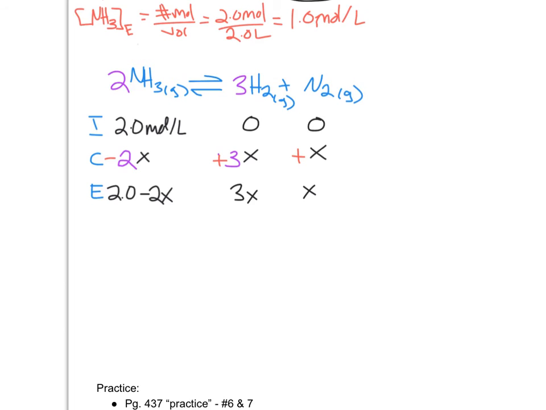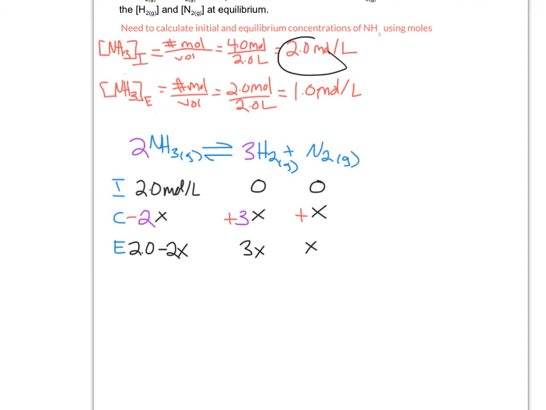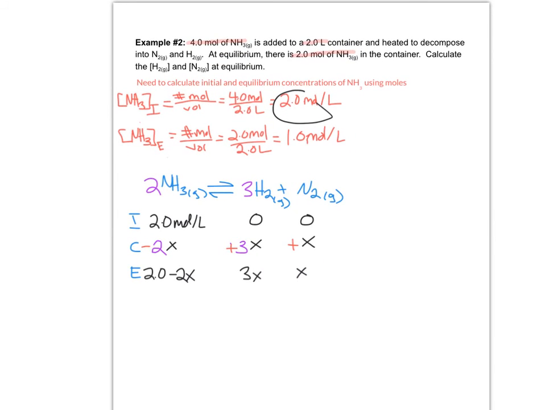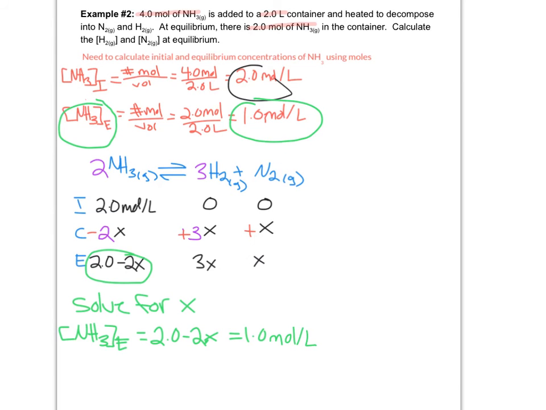So once we have this set up, we need to solve for our x. And again, you need to have some kind of given information. If we go back and look, we know that our equilibrium concentration of NH3 is 1.0 mole per liter. And so we know that 1.0 mole per liter is going to equal 2.0 subtract 2x. So we can set it up to look like this, and then we just have to rearrange to solve for x.